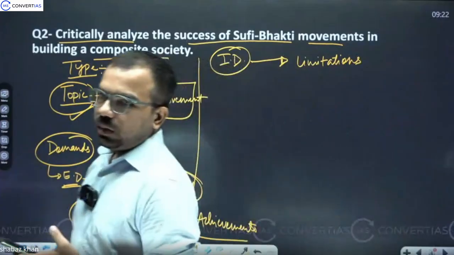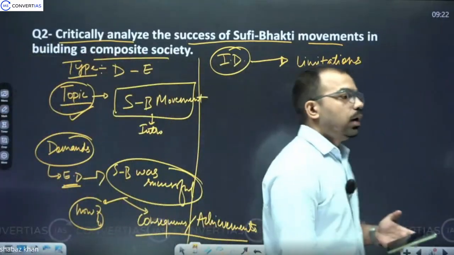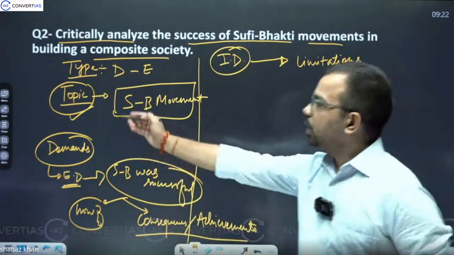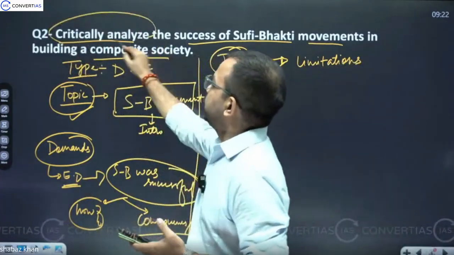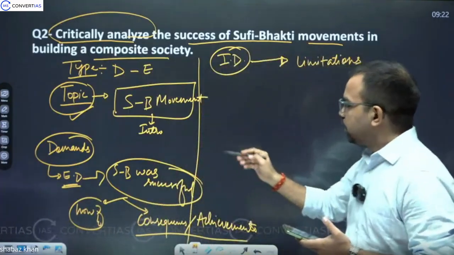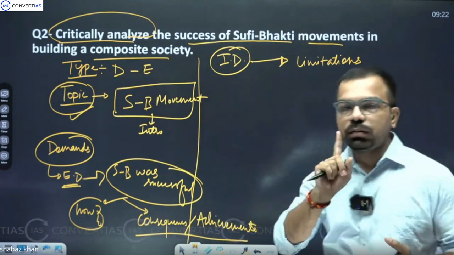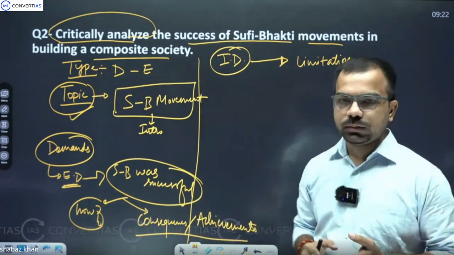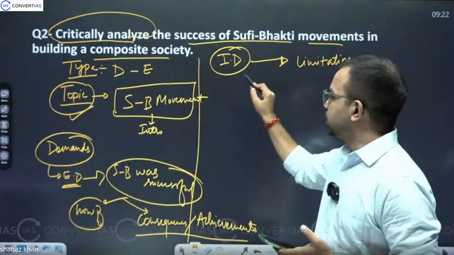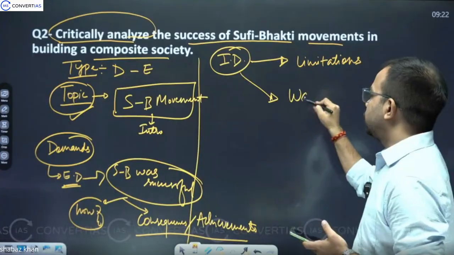Right? Now, in the critically analyze directive, there is one more thing that you can write after cause and effect and limitations. Apart from limitations, one more thing to write. Tell me, way forward.